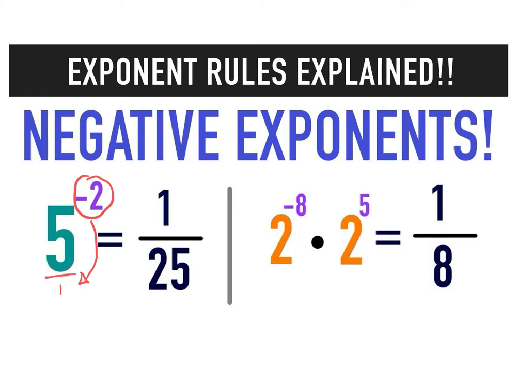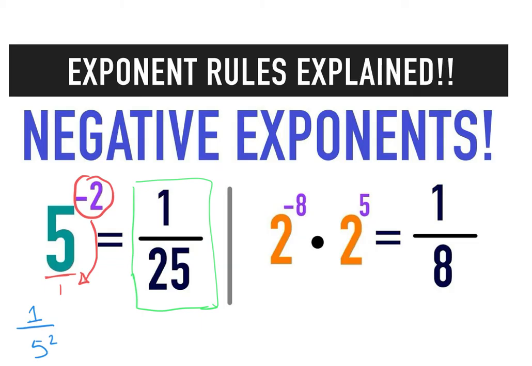So really, I have 5 on the bottom, and I need a placeholder. So I'm going to have an imaginary 1 on top to save the space so that I know it is a fraction. And now I can actually simplify the 5 squared, which is just 5 times 5, giving me 1 over 25. So a negative exponent is just going to move its spot.